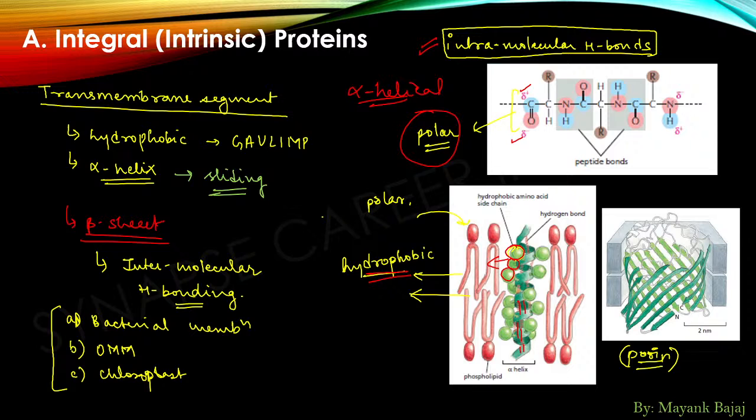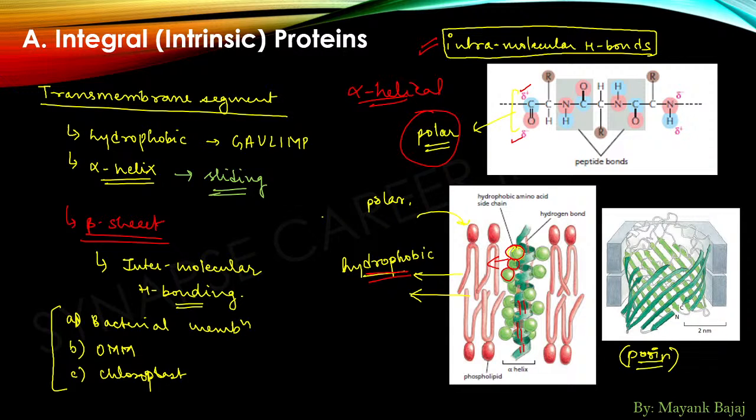जब कोई ligand bind करेगा membrane protein के साथ, when any ligand will bind with the membrane protein, what will happen? The alpha helices will slide towards each other, right? Leading to a conformational change. Now, this conformational change is very, very important for transport proteins, for receptor activation and channel को open close करने के लिए.